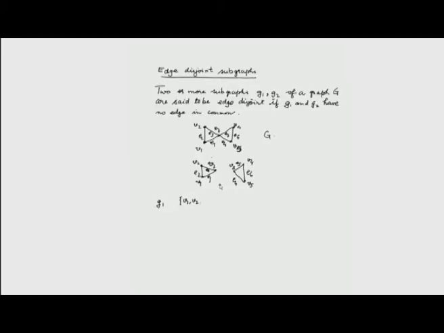Now, suppose I write G1 as V1, V2, V3 and E1, E3, E2 and G2 as V3, V4, V5 and E4, E5 and E6.